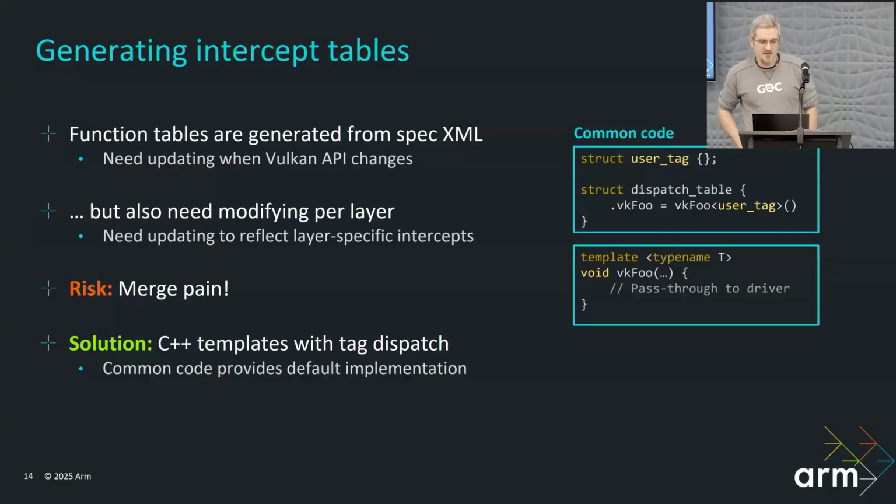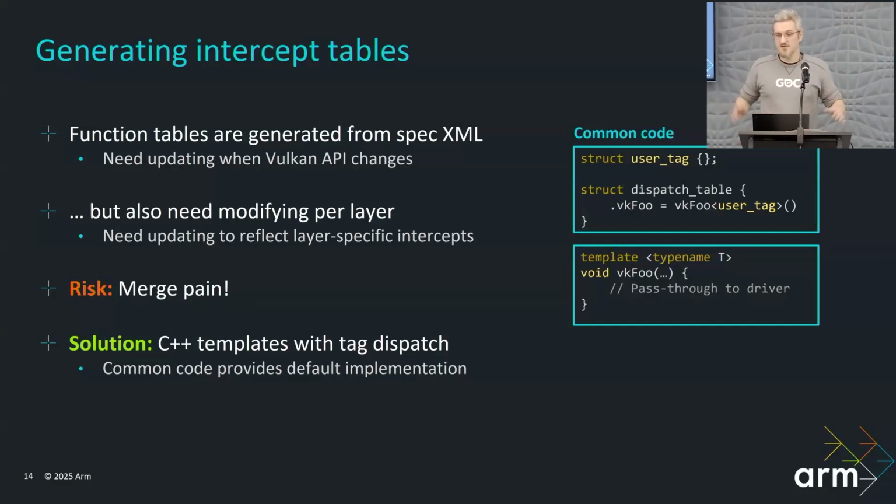So in the common code, we generate our dispatch table with all our function pointers that we want to go and resolve. We have an empty struct called user tag, which is just a tag type for template resolution. And the linker is going to try and look for vkfoo user tag, right? And the common code will provide a default implementation that does nothing other than just do the indirection, pass through to the driver.